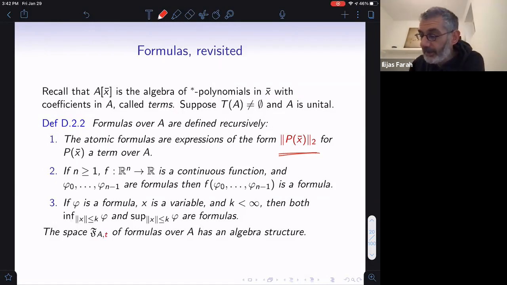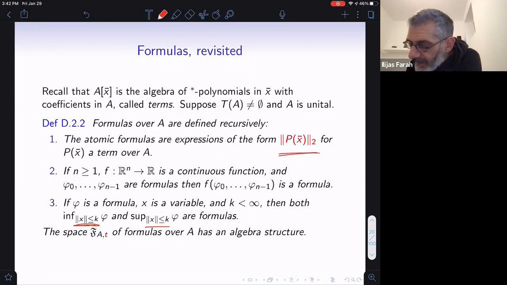And the other two parts of the definition are identical. You can apply continuous functions and you have quantifiers, sups and infs. One important bit here is we are taking sups and infs over operator norm unit balls. Operator norm is still present in the definition of sorts, if not in the language.